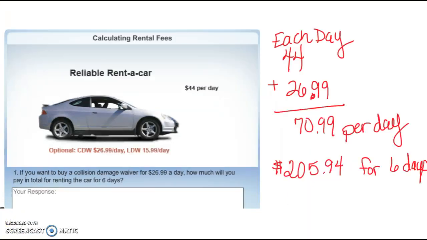All right, hopefully you calculated that it would be $205.94. If we add the rental fee plus the CDW, the collision damage waiver, you come up with $70.99 per day. Multiply that times 6, and you should end up with $205.94.